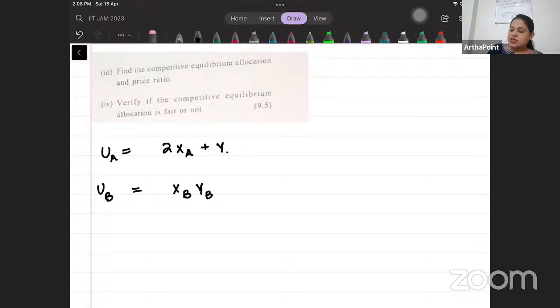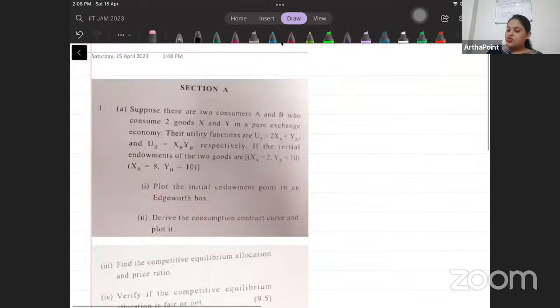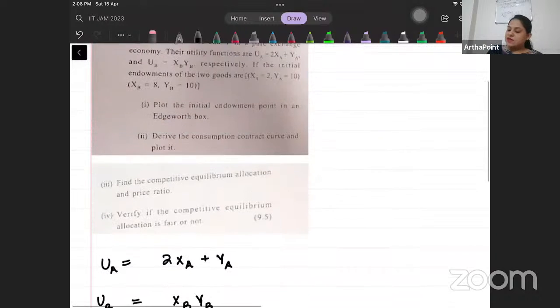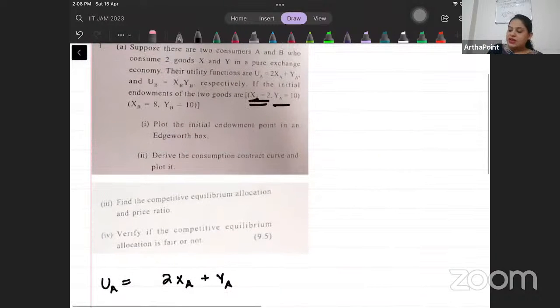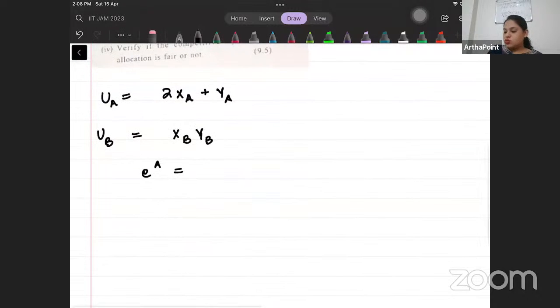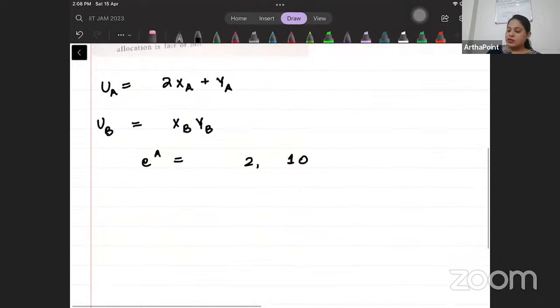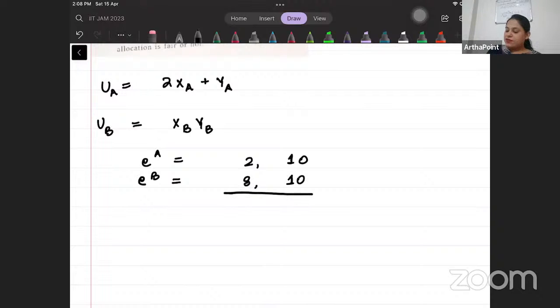If the initial endowment of individual A is 2 units of X and 10 units of Y, so (2, 10), and that of individual B is (8, 10), then the dimensions of the Edgeworth box are going to be 10, 20.